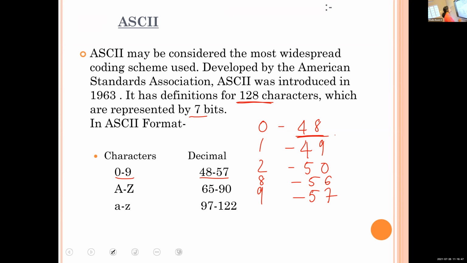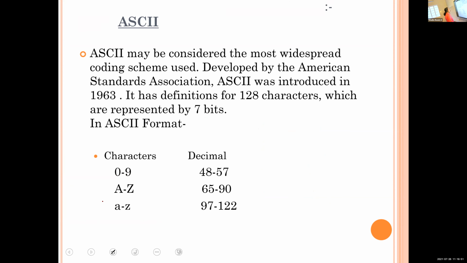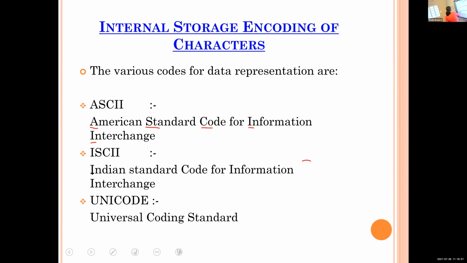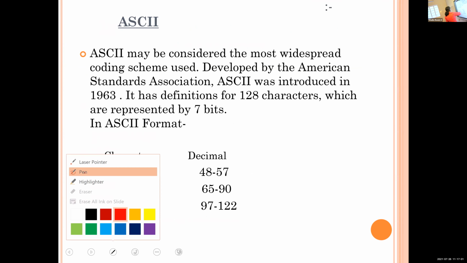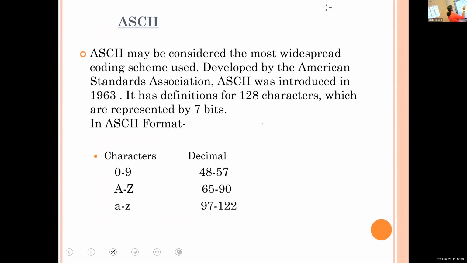Then next is capital letters A to Z. Capital letter A is 65. Naveen, what is the value of C? If A is 65, then what is the value of C? 67, correct.